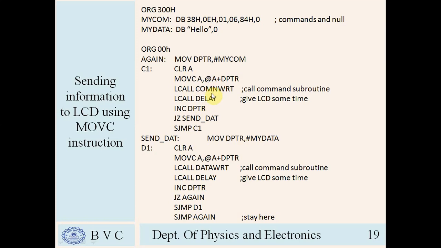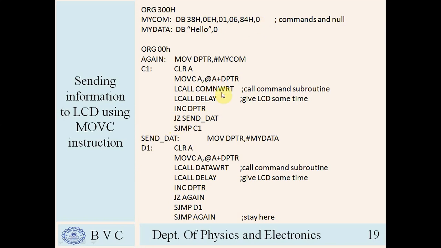Now first 38 will be given, then 0E, then 01, then 06, and now 84 will be given. Jump on zero, send data. Jump on zero, send data.